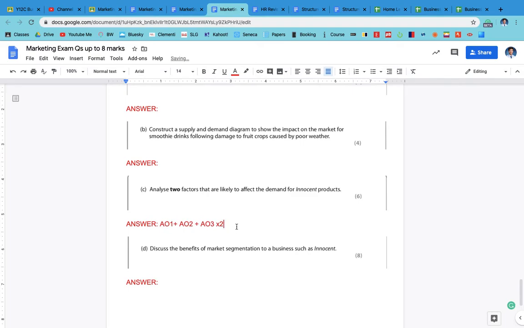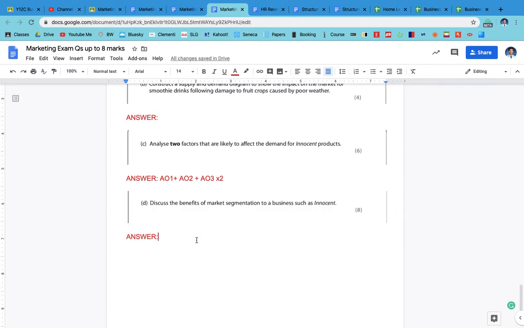Okay, and if you're writing many more than 7, 8 sentences, you're writing too much. Okay, it needs to be concise and short. You could get away with 6 sentences. Okay, one factor that could affect demand is, this is shown in the case study by, as a result. Then a second paragraph, a second factor that could affect demand is, this is shown in the case study when, this could lead to. Okay, so make sure you're doing that.